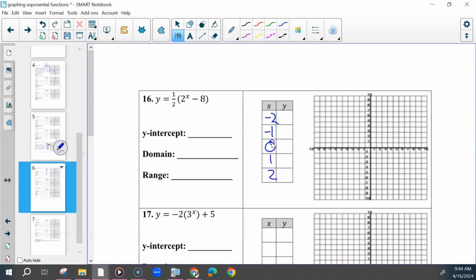Isaiah, do you have the y values? Put them in your calculator.